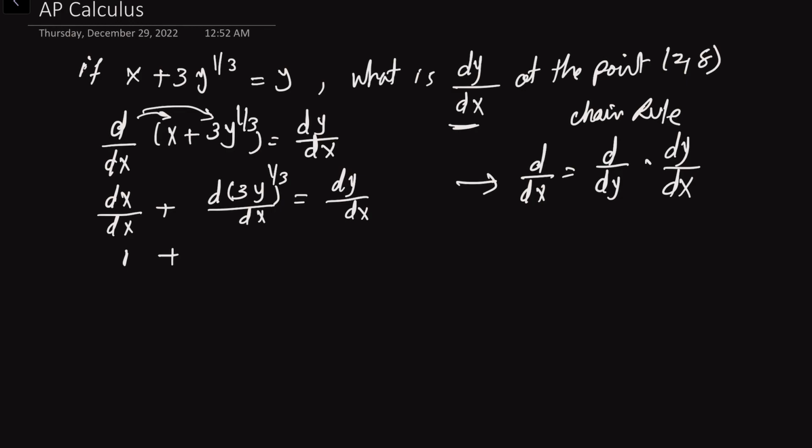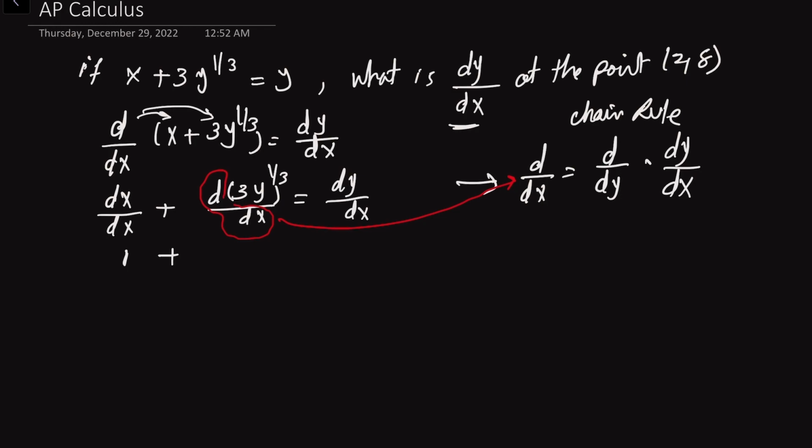So we can substitute d over dx, which is going to be equal to d over dy times dy over dx. That's what we're going to substitute for this.